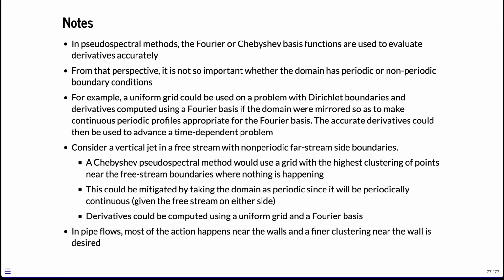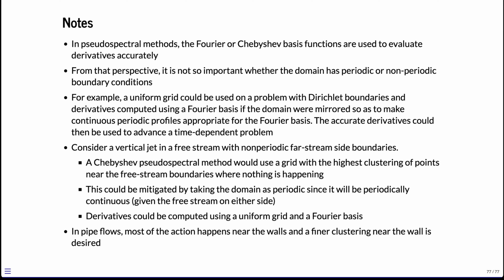You can also consider cases like a vertical jet, for example, in a free stream with non-periodic far side boundary conditions. It doesn't really matter that they're non-periodic if the profiles approach 0, for example, or some constant in the far stream, and that constant is the same on all sides of the domain.